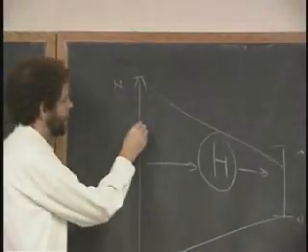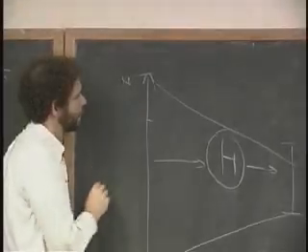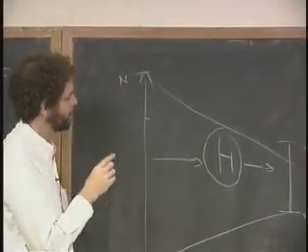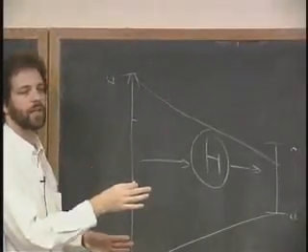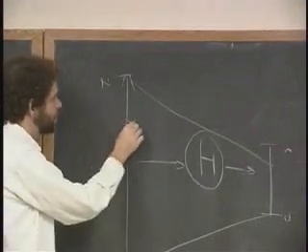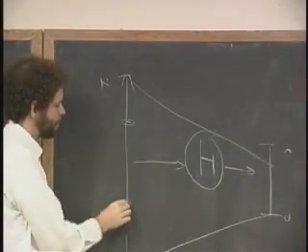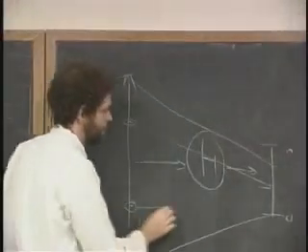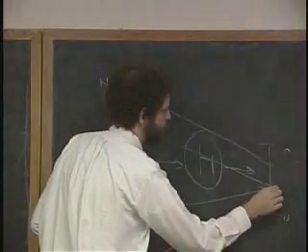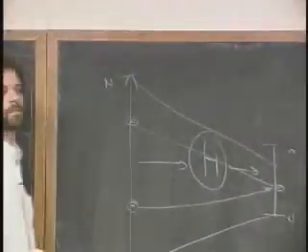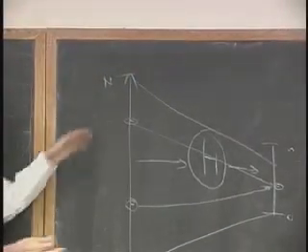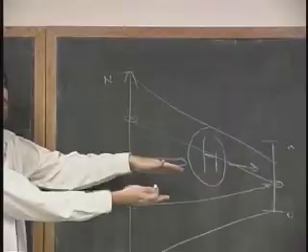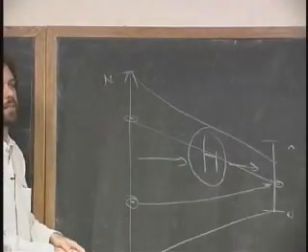Now, what does that mean? This is a many-to-one mapping, right? Which means that this location here and, let's say, this location over here are both going to map to the same number on the output. It has to be true, right? You can't take a range that's big and squeeze it into a range that's small without that happening.